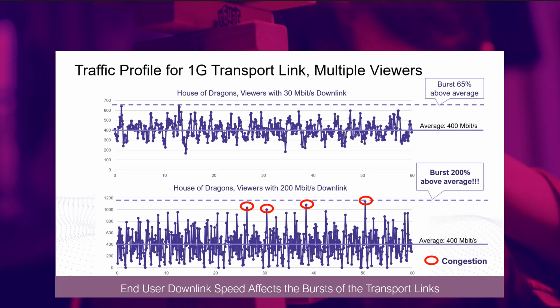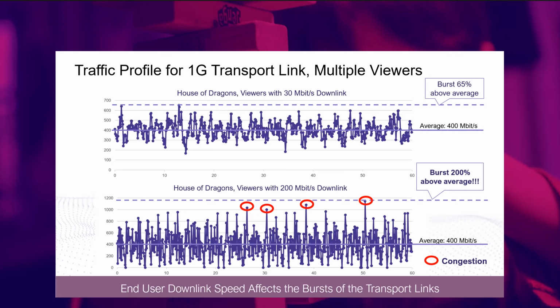We have so many users that we have an average of 400 megabits per second of traffic on the link, but the bursts can go up to 65% above that average, up to something like 650 megabits per second. So it's a significant burst, even on that link.